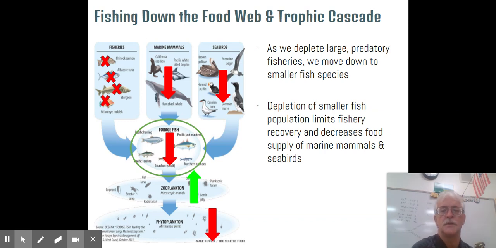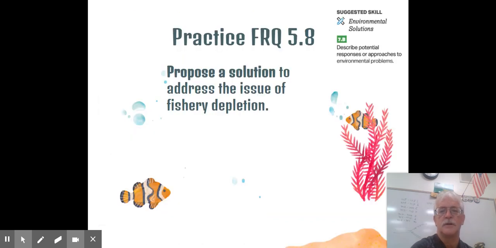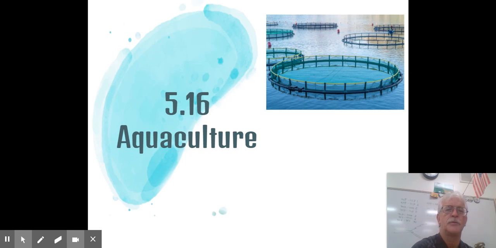There's not enough whales for killer whales, and so they're going after the sea otter, and there's a huge decrease in the number of sea otters because of that. So practice FRQ 5.8: propose a solution to address the issue of fishery depletion. Can you answer that? Next one is 5.16.